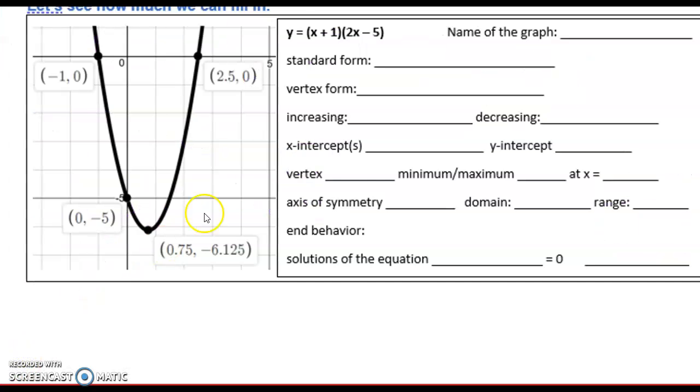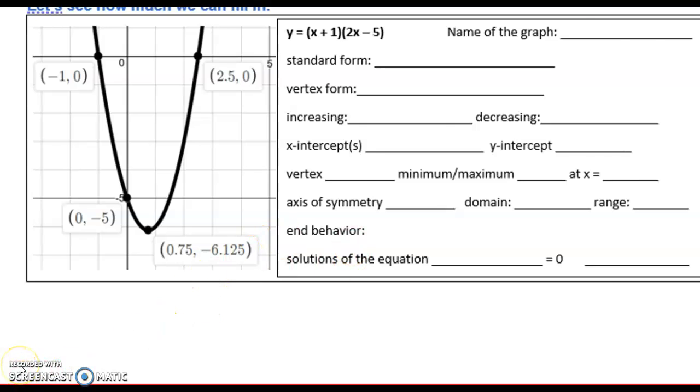I'm going to give you a second to do this right here. You're going to need to write it in standard form. Vertex form, we're not going to mess with that too much right this minute. We'll talk about that in a minute. Then you're going to tell me where it's increasing, where it's decreasing, the x-intercepts, the y-intercepts, what's the vertex, so fill all this out for just a minute.